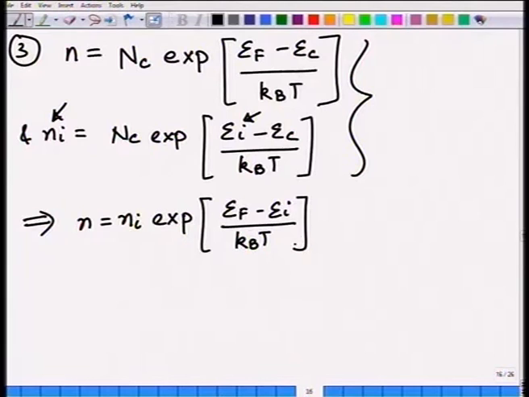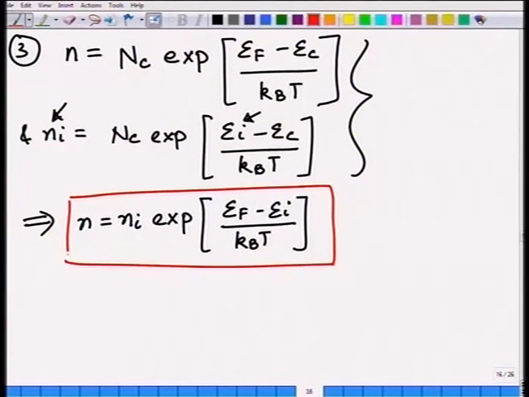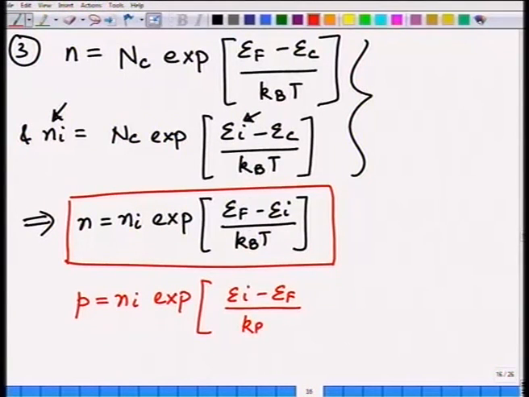So N can be determined as follows. In general, N can be referenced to Ni instead of Nc, and I can write this as Ni times e to the power (Ef minus Ei) by kT. Similarly, I can write P as equal to Ni times e to the power (Ei minus Ef) by kBT.